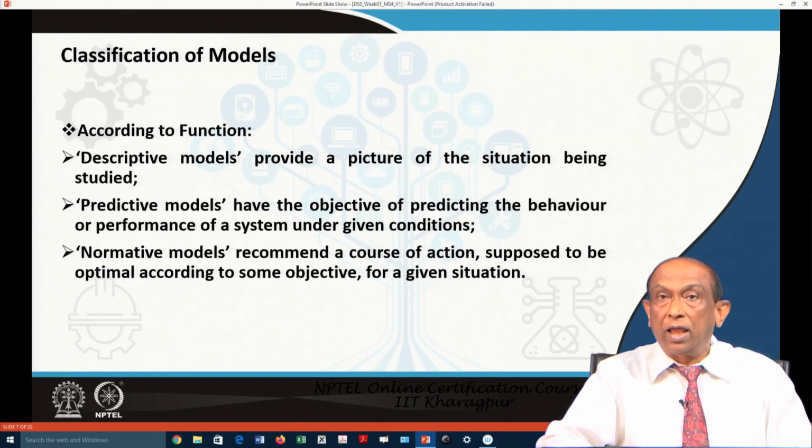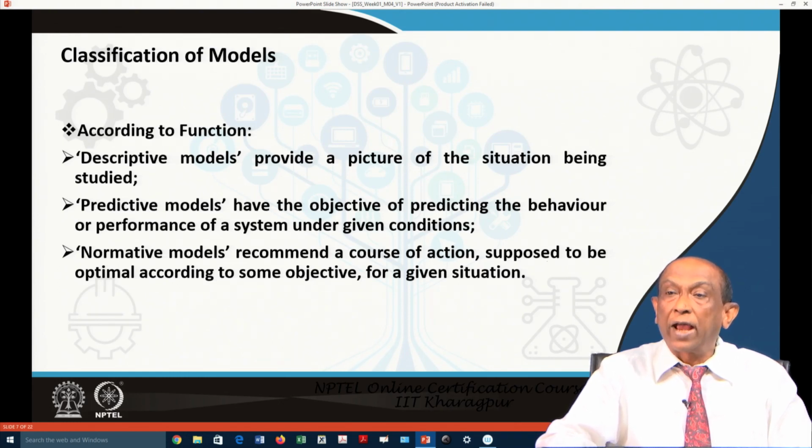And normative models recommend a course of action, and that action is supposed to be optimal given the objective for a given situation. Given a situation, given the objective, normative models will recommend the optimal course of action.